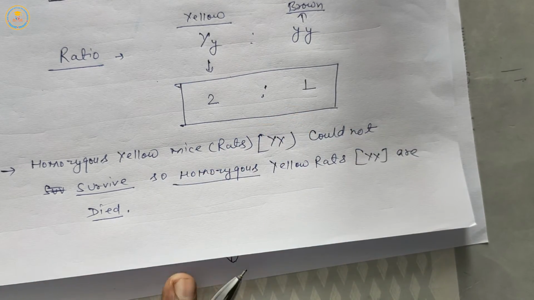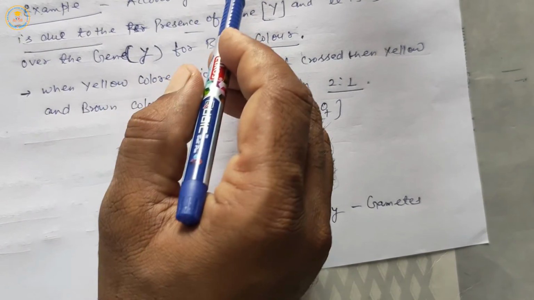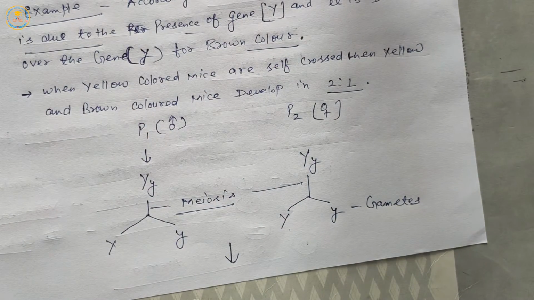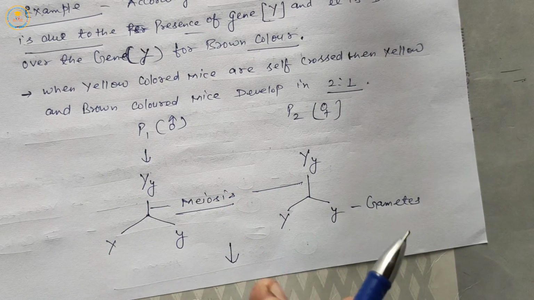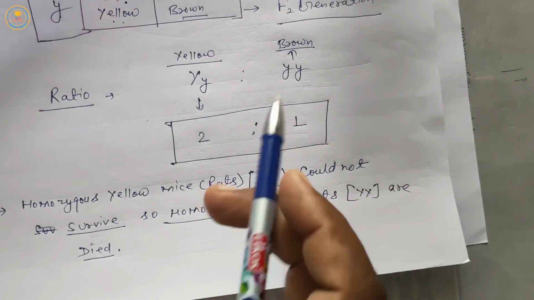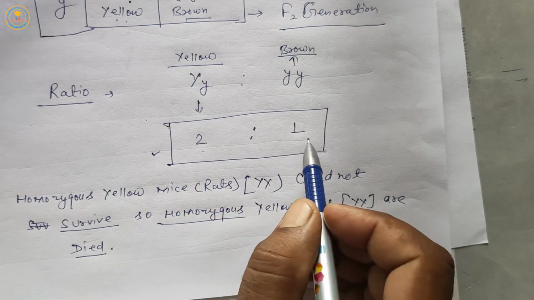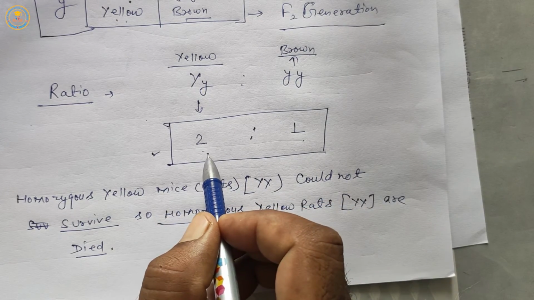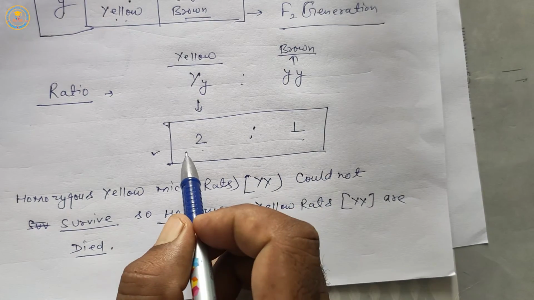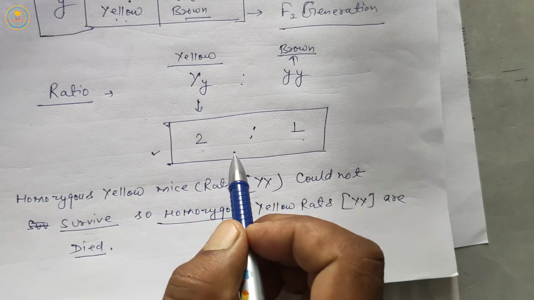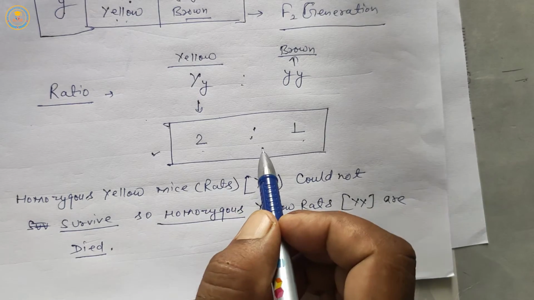So this is lethal gene, first discovered by Cuénot. According to Mendel, the ratio is 3:1 in the law of segregation, but in lethal gene the ratio is different. The ratio of lethal gene is 2:1.